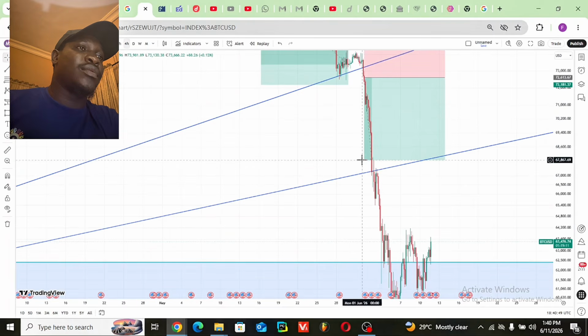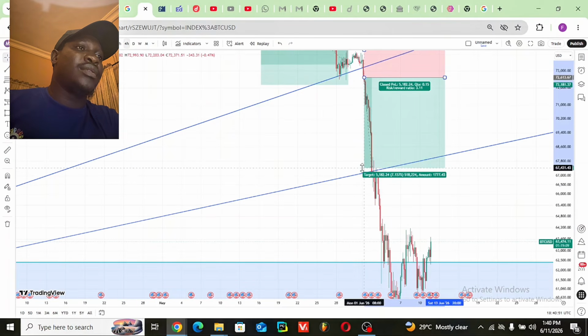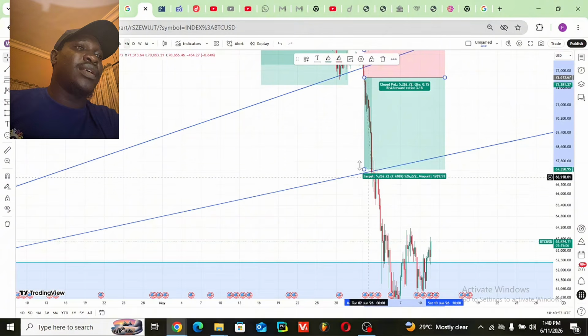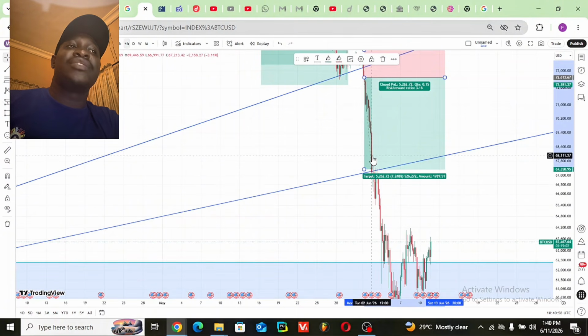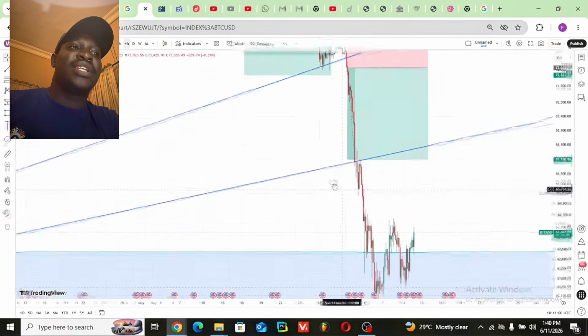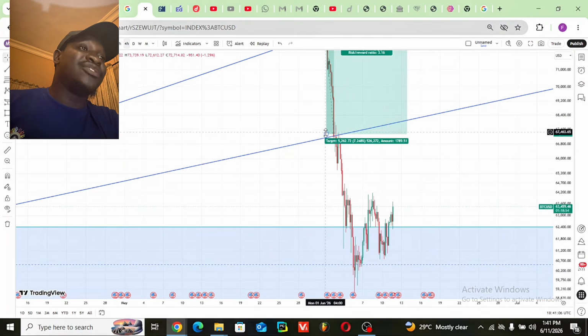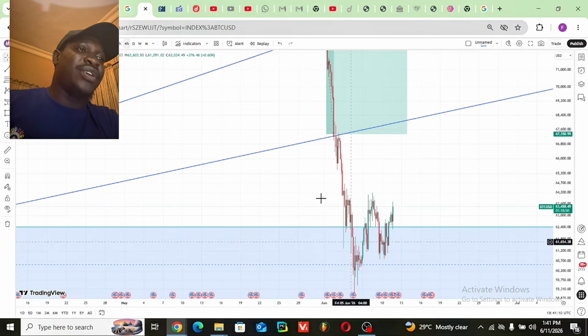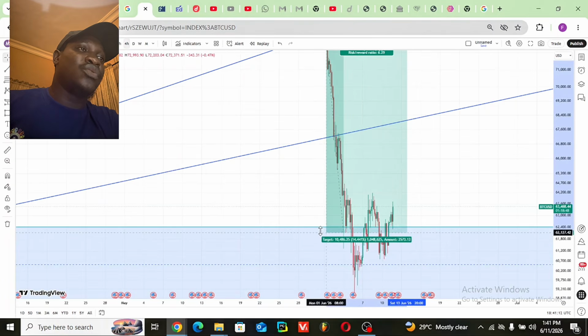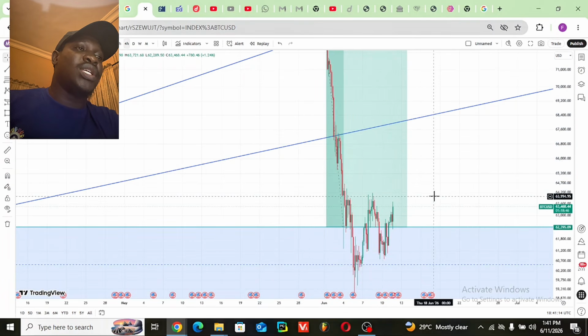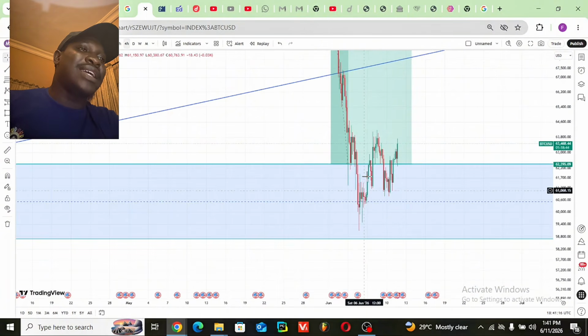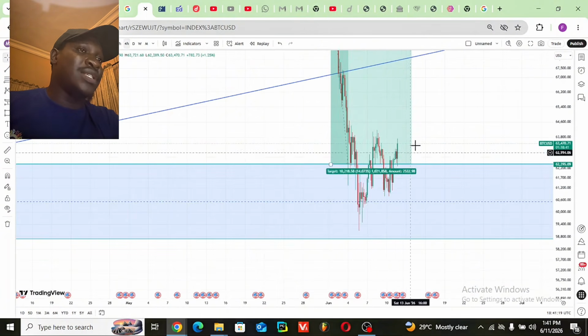Then to the overall trend line. This trend line is a weekly trend line, so we have to respect this trend line. You understand? After this trend line break, it came all the way to the key level, and now that price got to the key level, it is ranging.